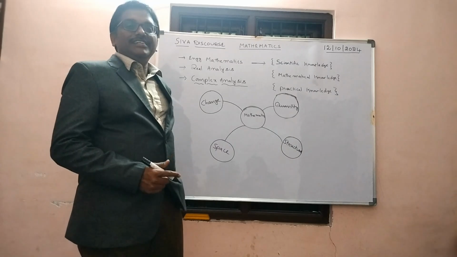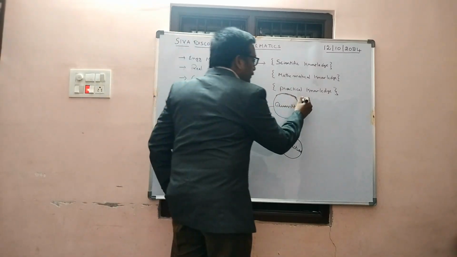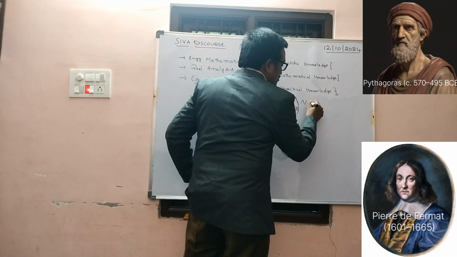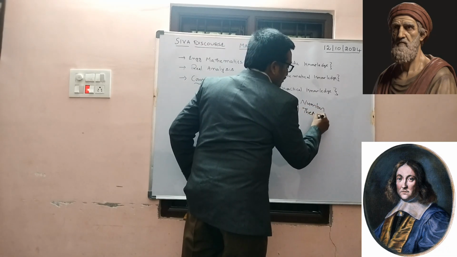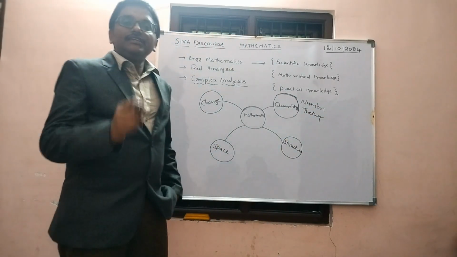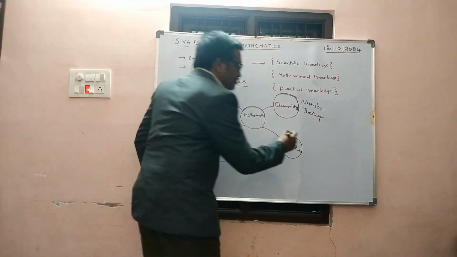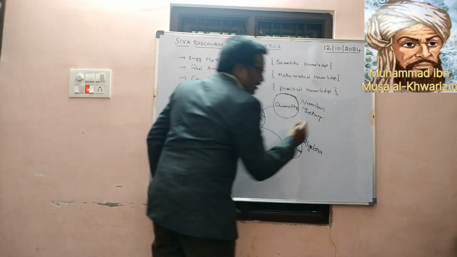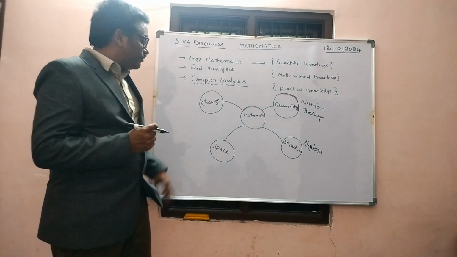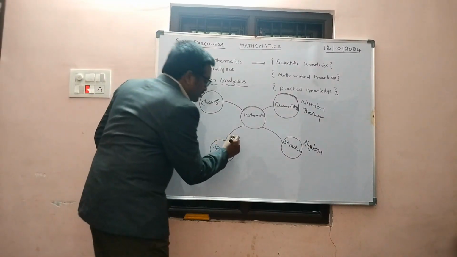Mathematical study of quantity is known as number theory. Mathematical study of structures is known as algebra. Mathematical study of space is known as geometry.